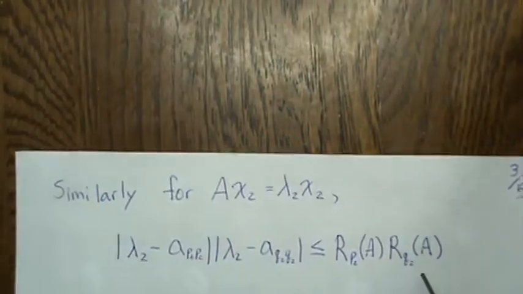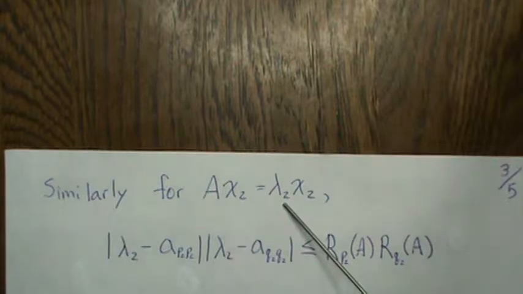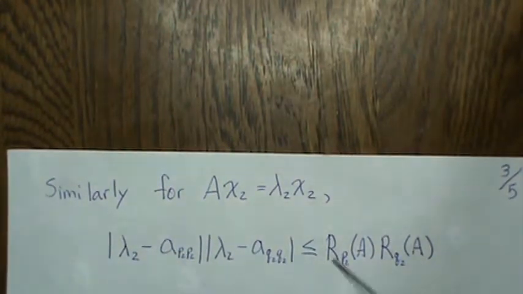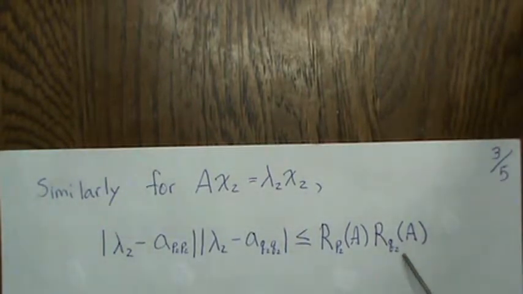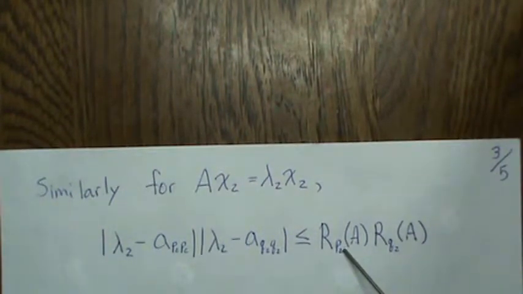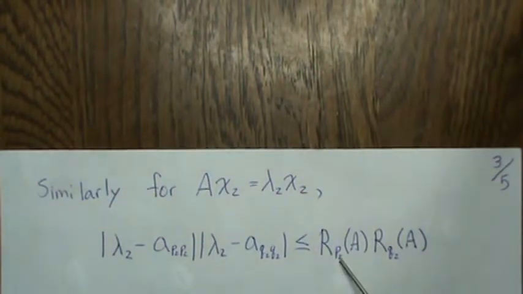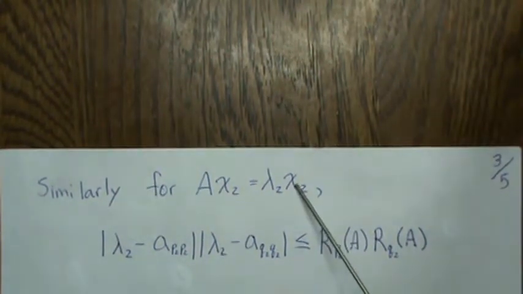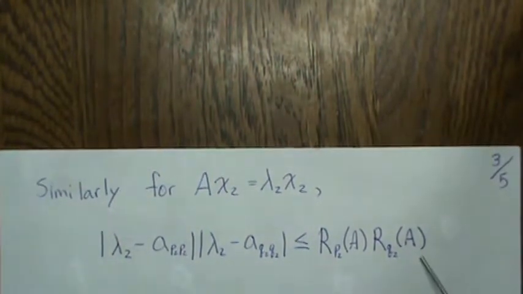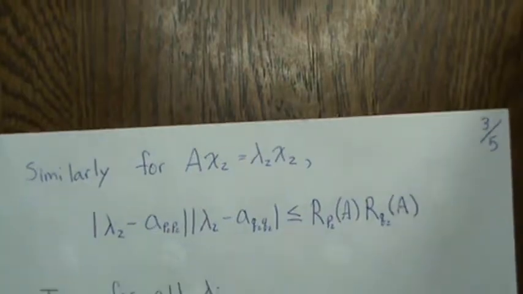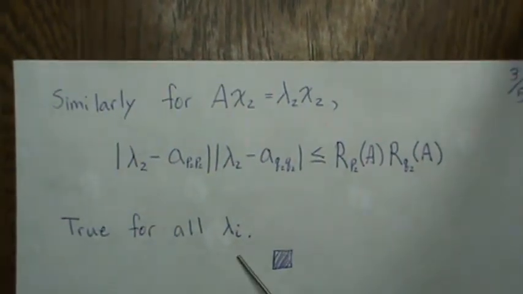We can go through that same algebra and show that the second eigenvalue has to satisfy this relationship. Now remember, this is P2 and Q2. The largest value in this eigenvector, we don't know where it is, but it's one of the rows. And the second largest element is in one of those rows too. We don't know which one. So we can do this for every i.